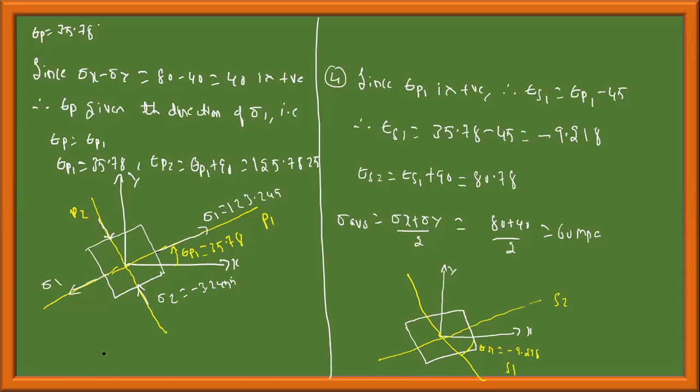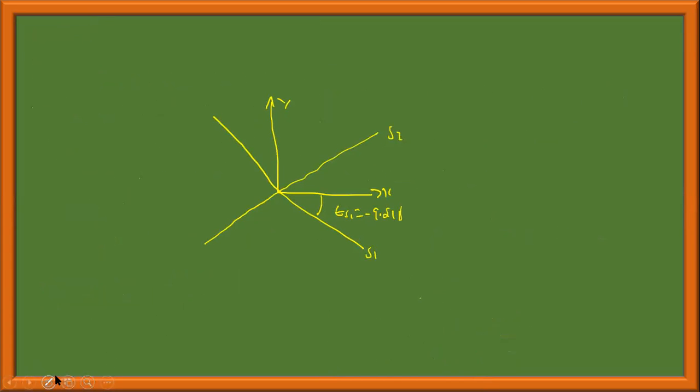I cannot write it here. Shall I write in the next page? Okay. XY. Theta S1 is minus 9.28. Continue like that. Perpendicular to that will be your S2 plane. This is S1 plane, this is S2 plane.